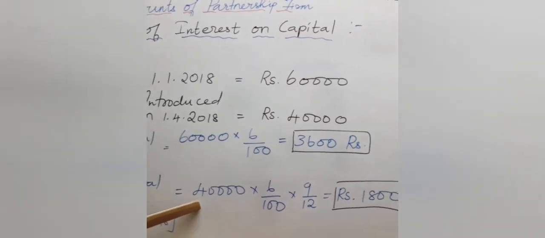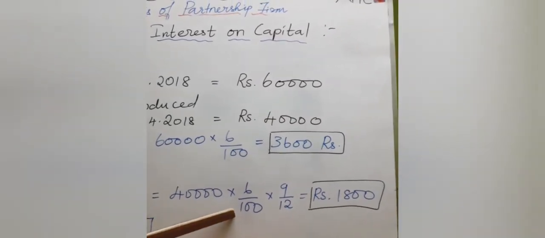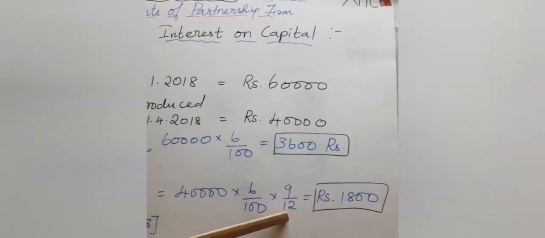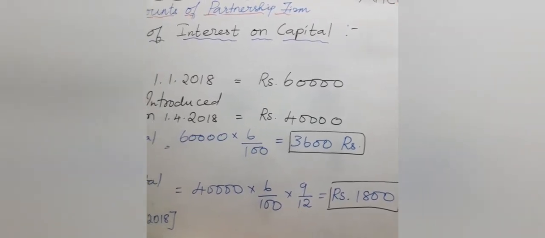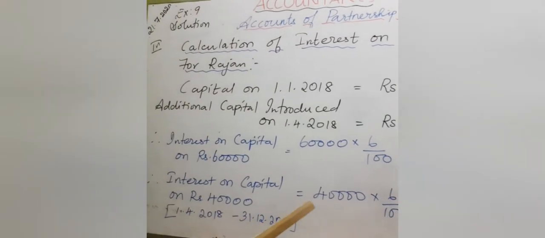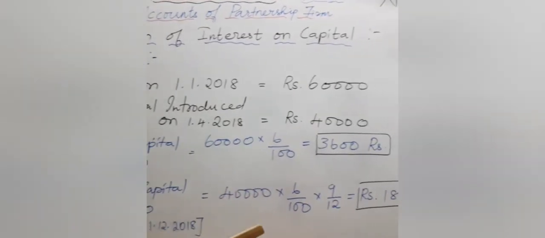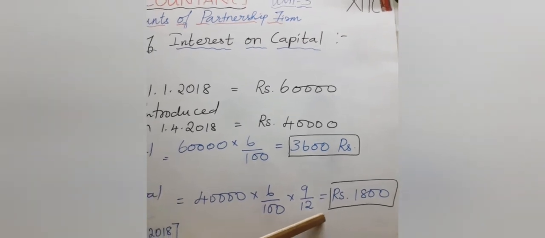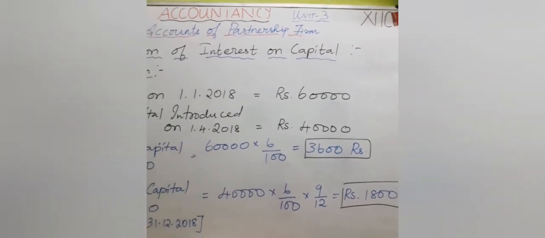The amount is 40,000, rate of interest is 6 by 100, for 9 months. So 40,000 I have calculated separately here. You got me, students? When you do the simplification, you get 1,800.